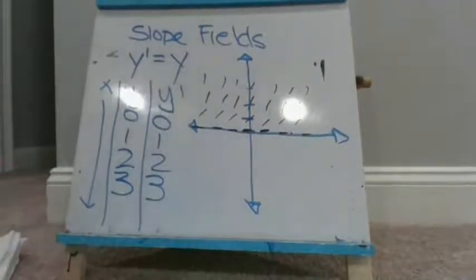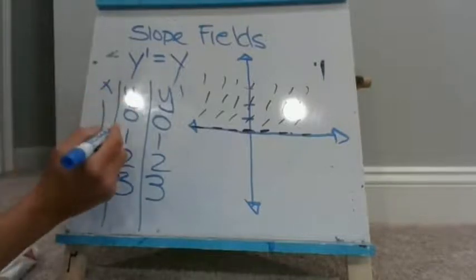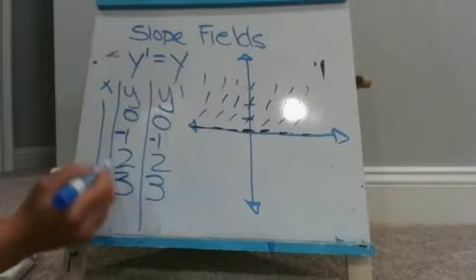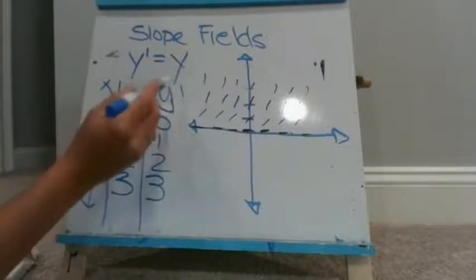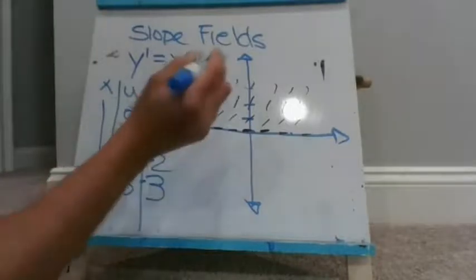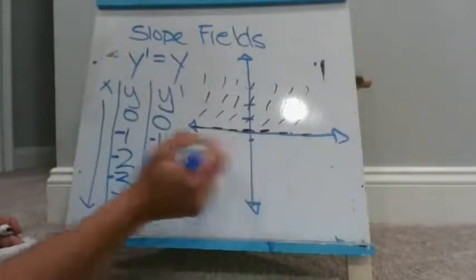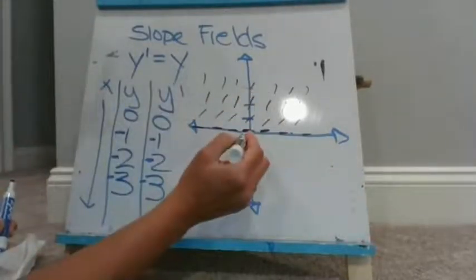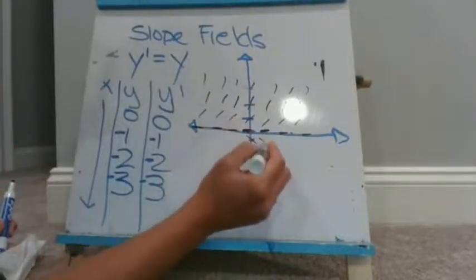Now let's pick some negative values for y, so let's say y is -1. If y was -1, my slope would be -1. If y was -2, my slope would be -2. If y was -3, my slope would be -3. So if I came down here to -1, my slope would be -1 for all x's.